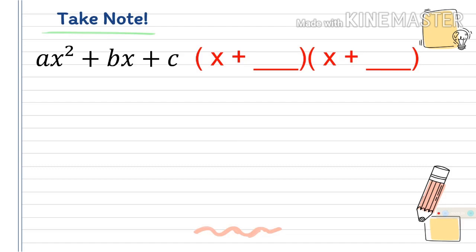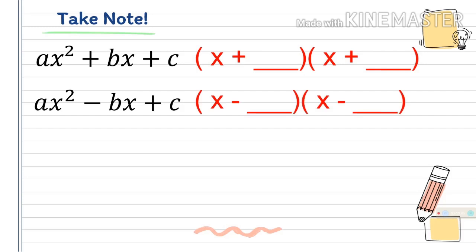Both positive binomials. Then, if you are given ax squared minus bx plus c, where the middle term is negative and the last term is positive, both the binomial factors are negative. So it should be in the form x minus blank times x minus blank.